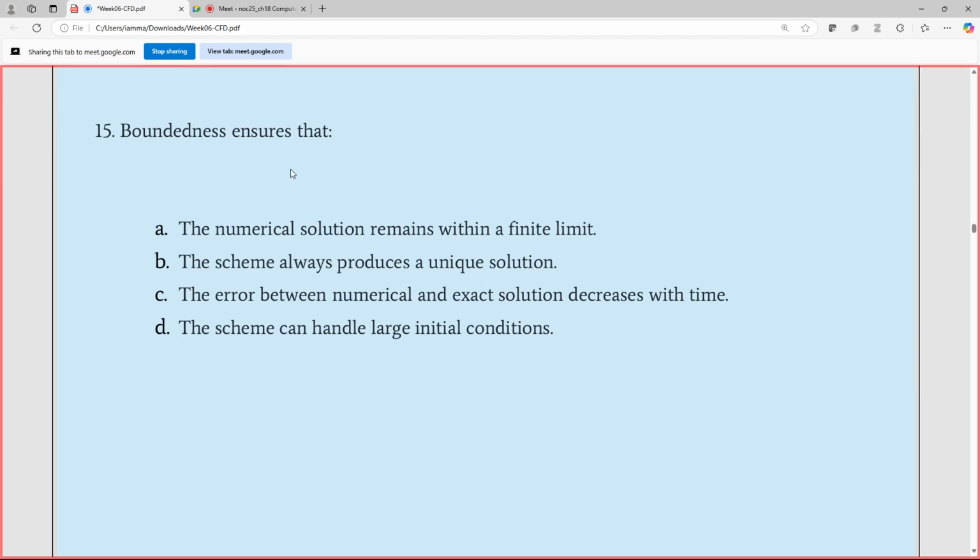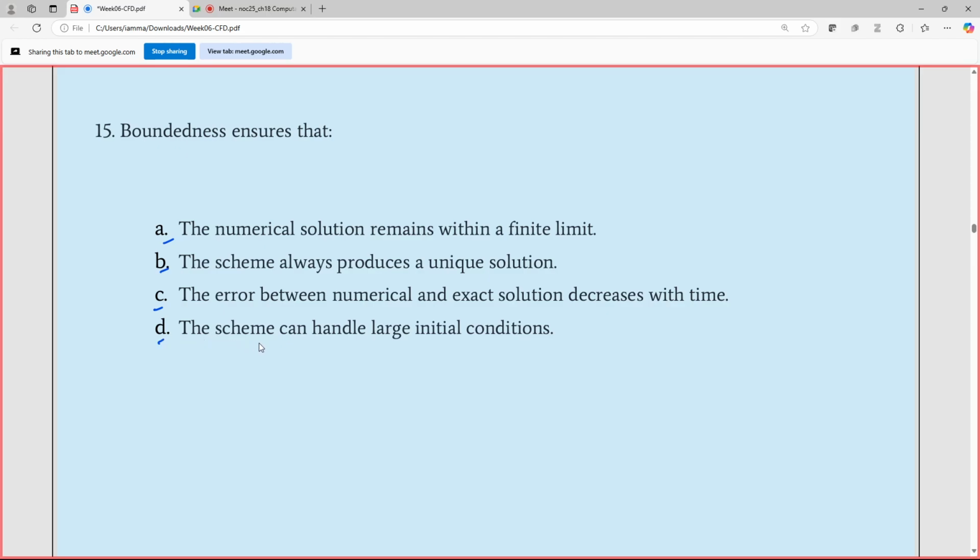Next question. The next question is on the property boundedness. So boundedness ensures which of the following? Options are: option A, the numerical solution remains within a finite limit. Option B, the scheme always produces a unique solution. Option C, the error between the numerical and exact solution decreases with time.